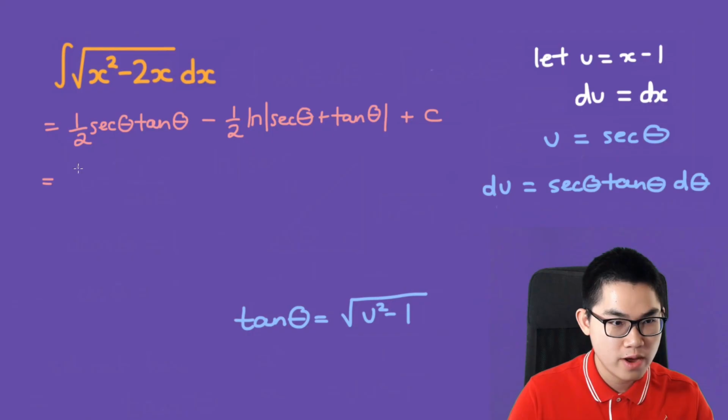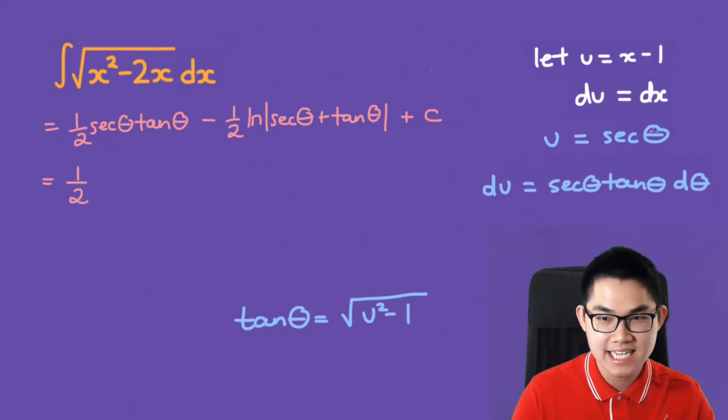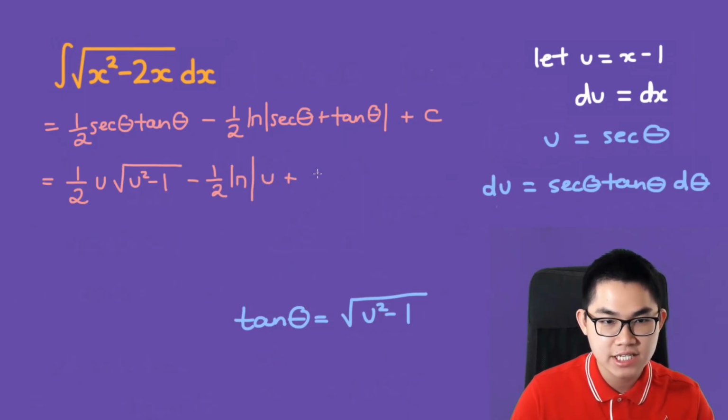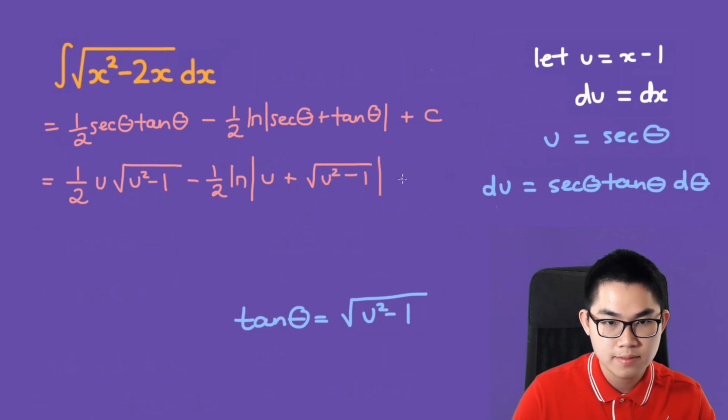So we have 1 over 2 times secant, and secant is just u, so times u, and times tan. And tan is the square root of u squared minus 1. And then minus 1 over 2 times the ln of absolute value of secant, and secant is just u, plus tangent, and tangent is the square root of u squared minus 1, plus c.